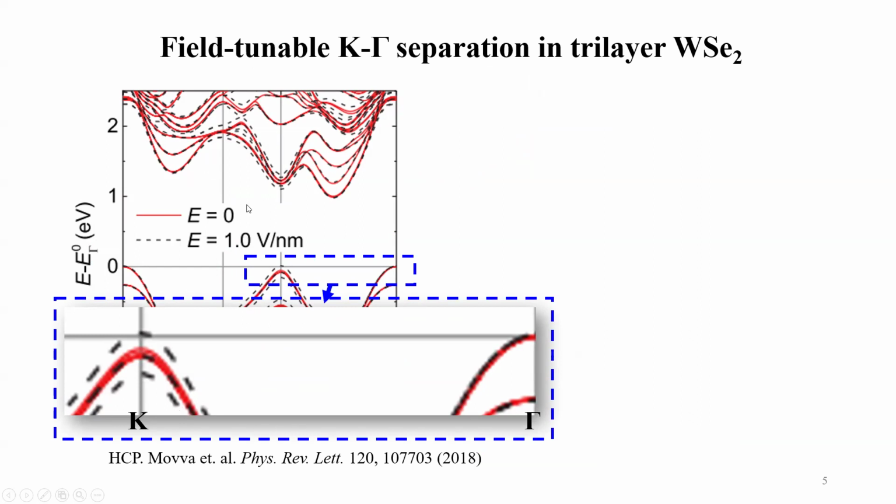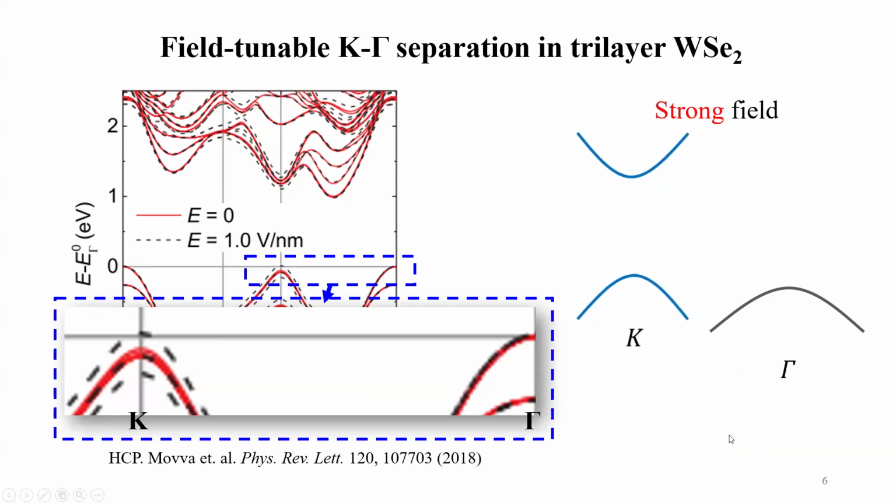At zero field, the K valley is lower than the gamma valley. If we apply a strong electric field, the K valley will be split into three branches, and one of the branches is higher than the gamma valley. This can be illustrated by this simple cartoon. At zero field, the K valley is lower, and then at strong field, the K valley will be lifted and higher than the gamma valley.